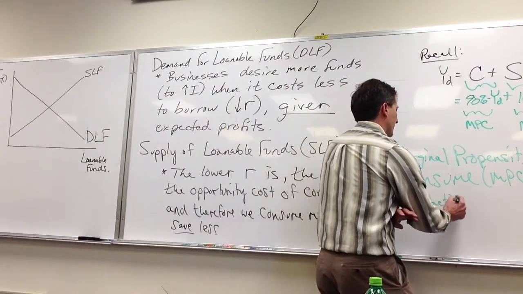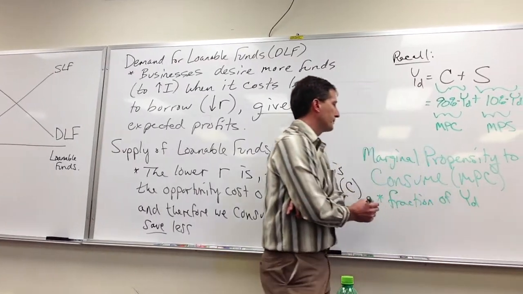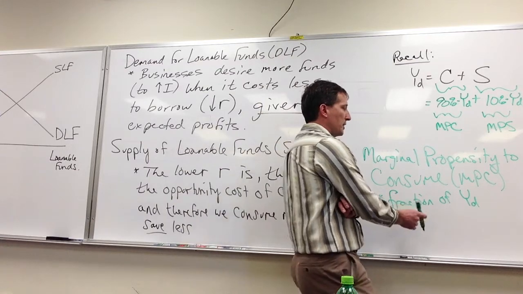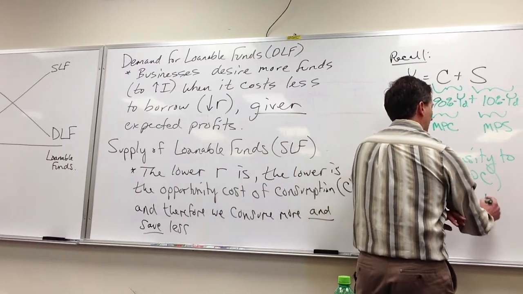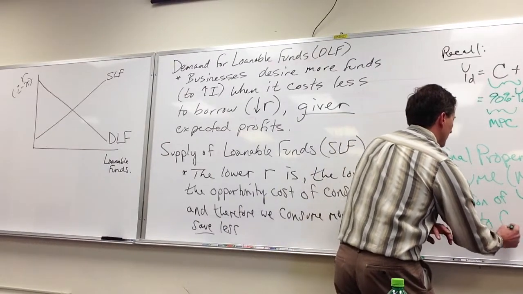The fraction of disposable income, YD, Y subscript D, the fraction of disposable income that goes to consumption.